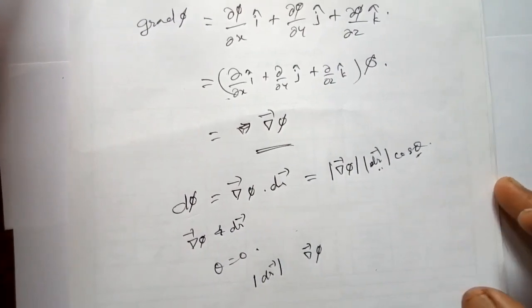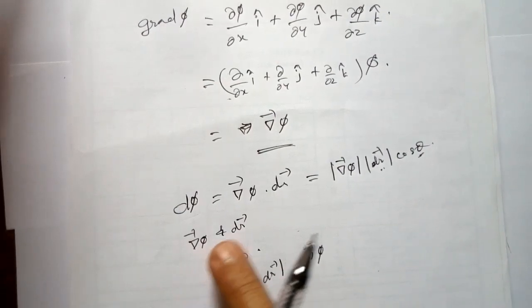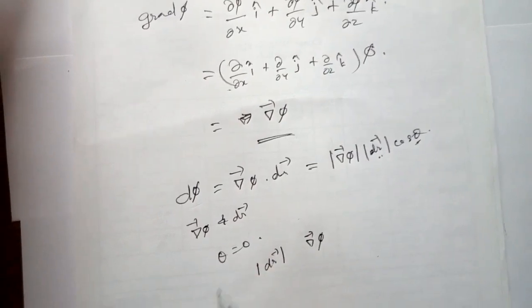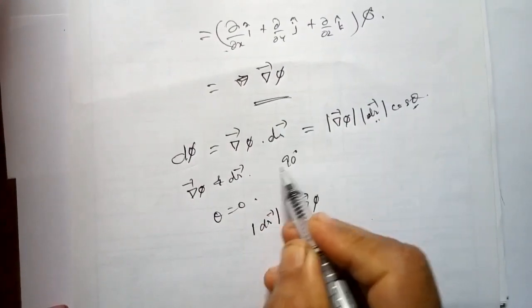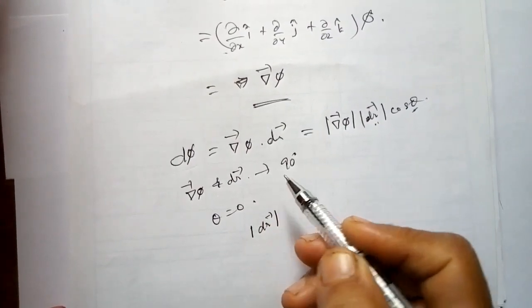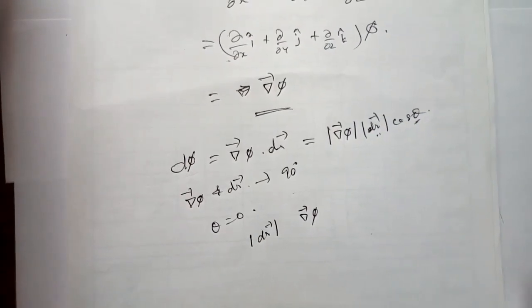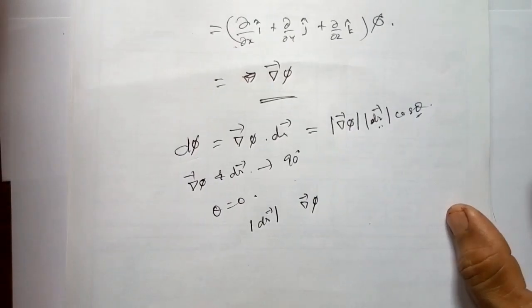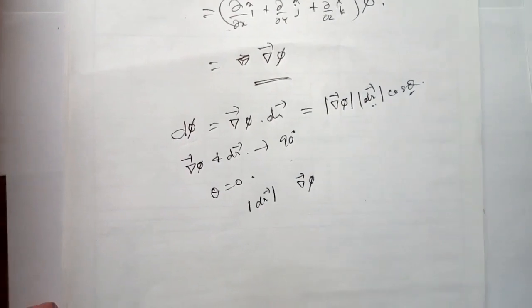If the angle between the direction of displacement and del phi is 90 degrees, then d phi is 0, or phi is constant.